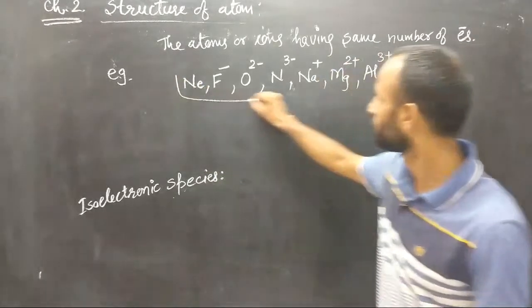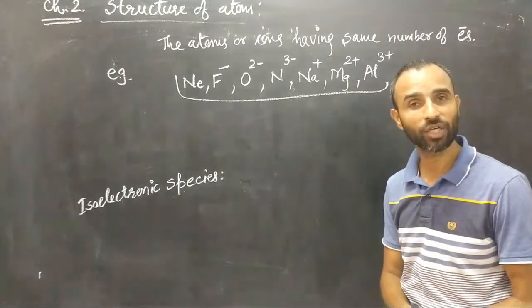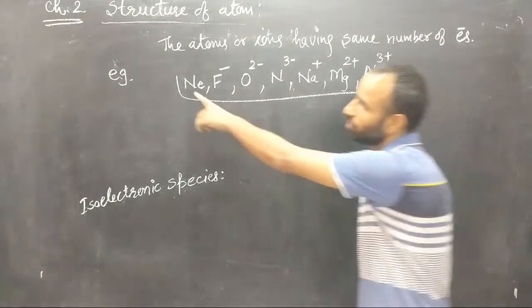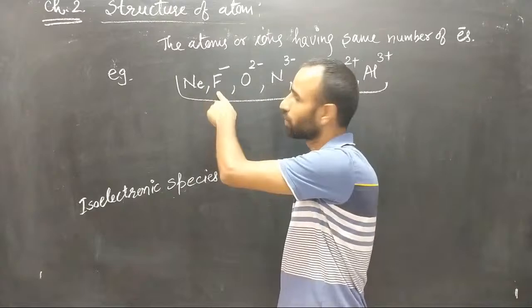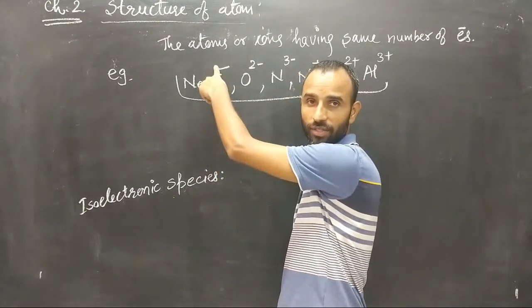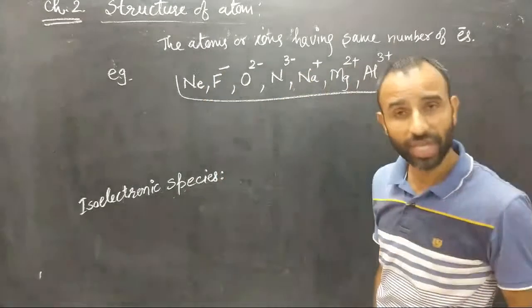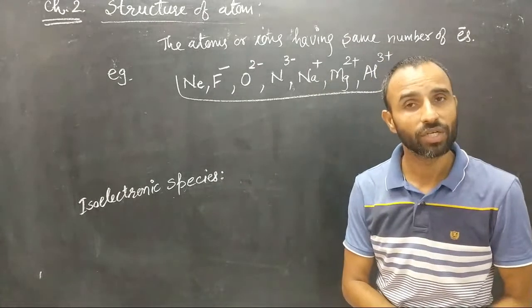All of them have the same number of electrons, because you know neon has 10, fluorine 9 plus 1. Negative means electron is gained, positive means electron is lost.